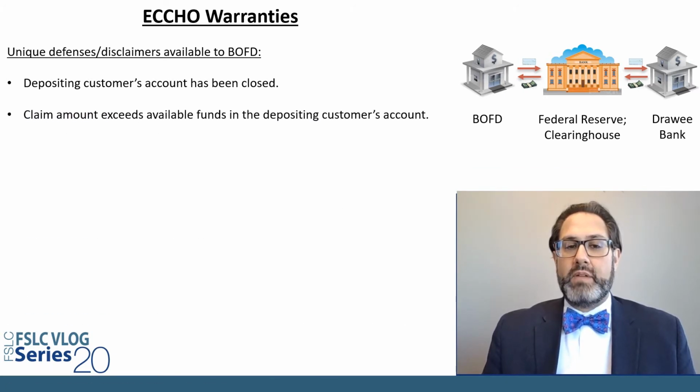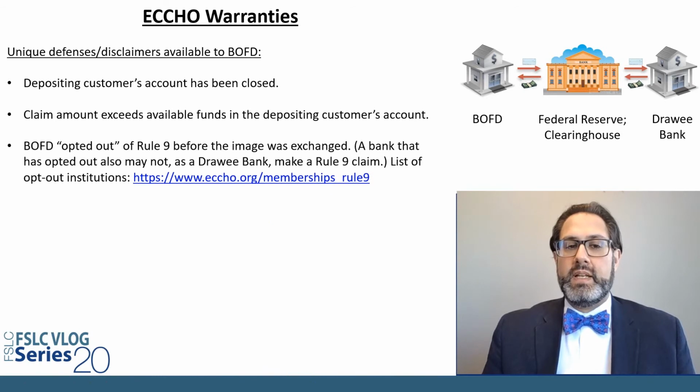Second is if the claim amount exceeds the available funds in the depositing customer's account. So if the Bank of First Deposit has allowed the customer to withdraw most or all of the funds from the check, even though the account remains open, the Bank of First Deposit has a defense to the warranty claim under the ECHO rules. Finally, a bank can opt out of the Rule 9.